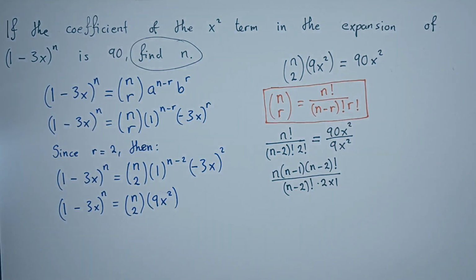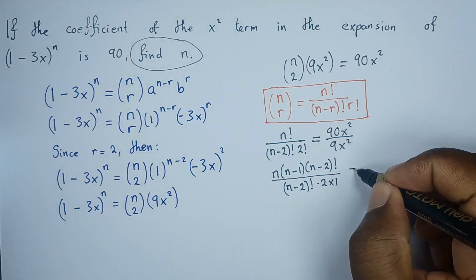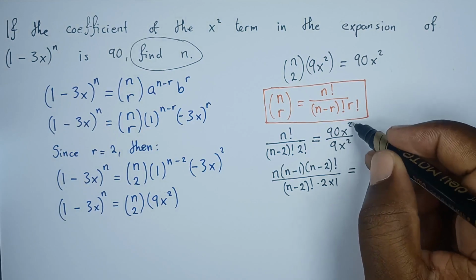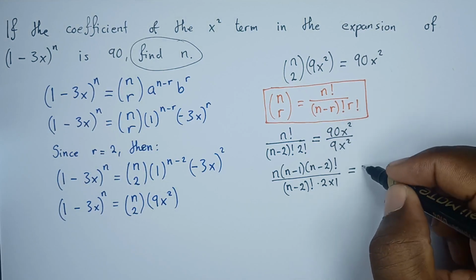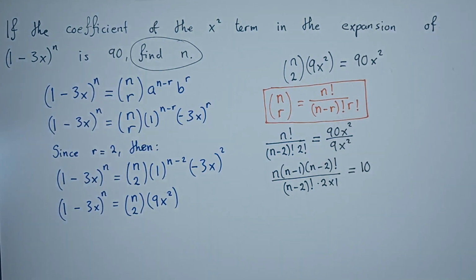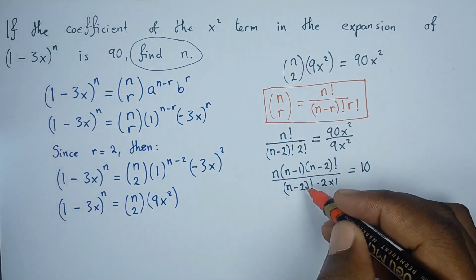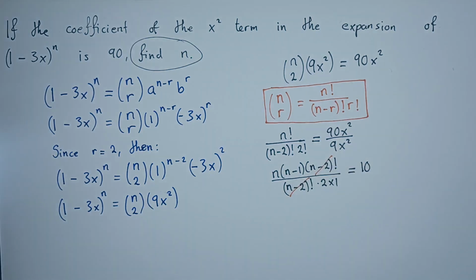So with what we've done here now, we can easily say the (n minus 2) factorial can cancel out. But before we do that, let's remember that this is equal to 90. So 90 divided by 9 is just 10. The x squared cancels out. So this cancels with this.